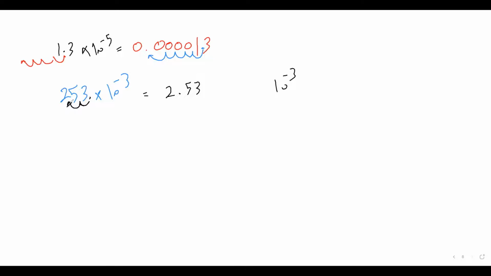If you push the decimal point 2 positions backward, to compensate that, you have to multiply it by 10 to the power of 2. You have to multiply it by 100, right? Because this is 253. And let me rewrite 100 as 10 to the power of 2. And then now you can worry about these two guys. The final answer would be 10 to the power of -1. And that is the standard form.